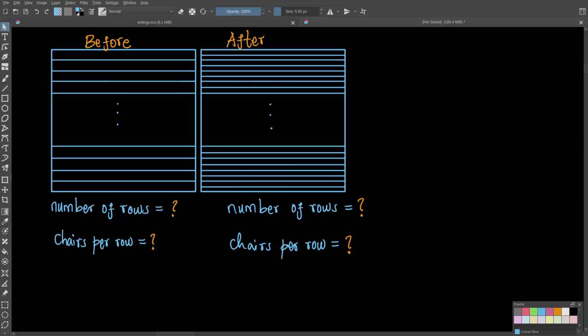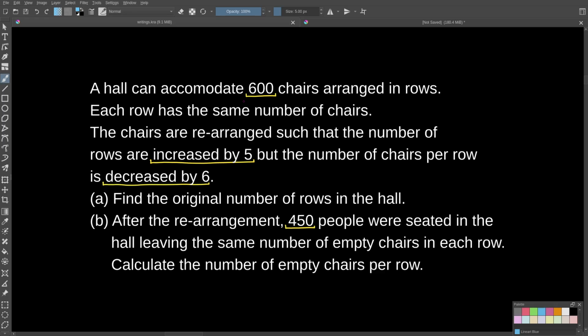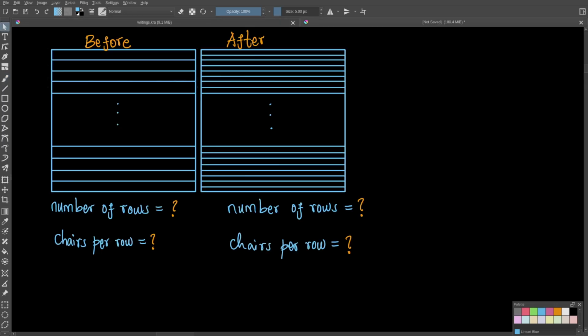First, we need to figure out the number of rows before and afterwards, or rather, a way to express them. We also need to figure out the number of chairs per row before and afterwards. Remember, the number of chairs in both situations remains the same. It's still 600.